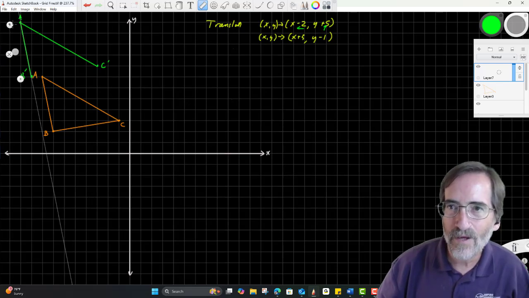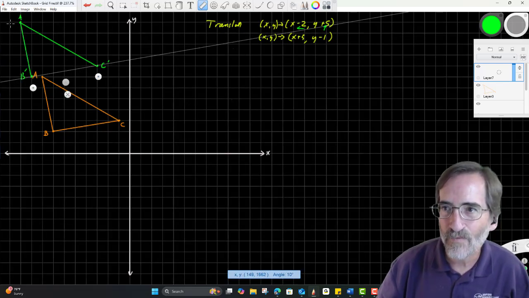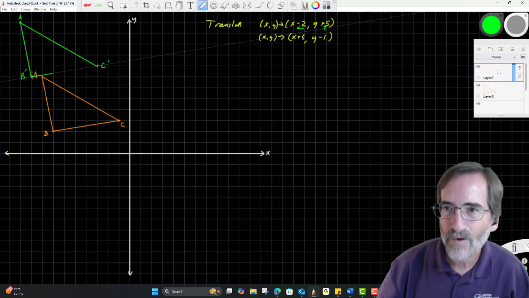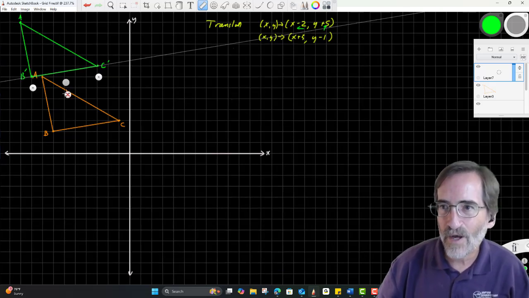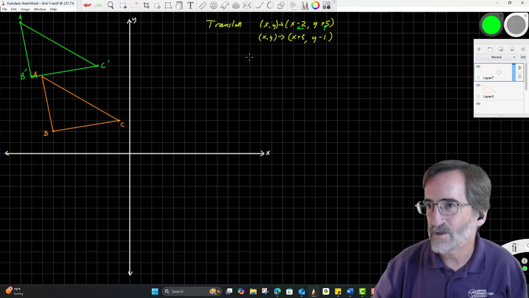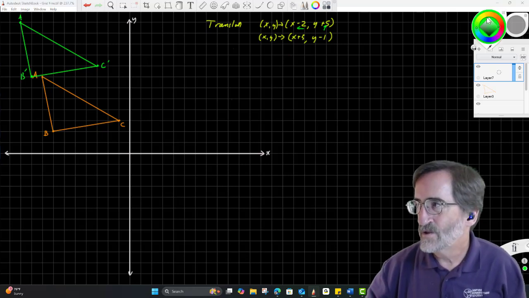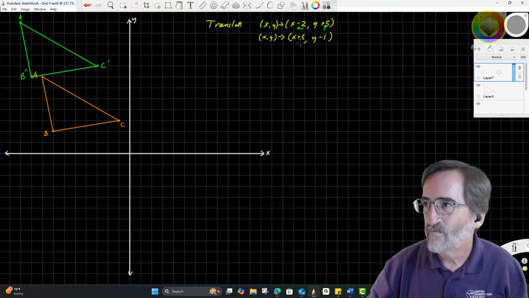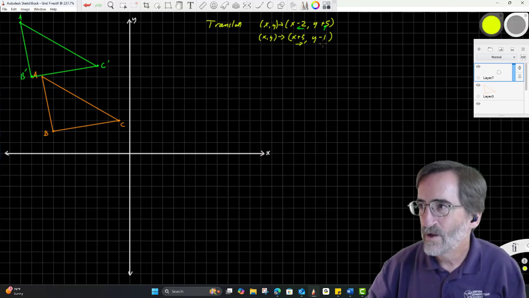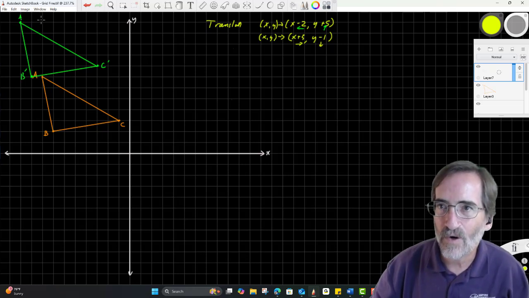Okay, and then we translate according to the second rule. And I'm going to show you how to compose those transformations into something shorter here. Let's go yellow. Plus 3 is right 3. Minus 1 is down 1. So right 3 and down 1.